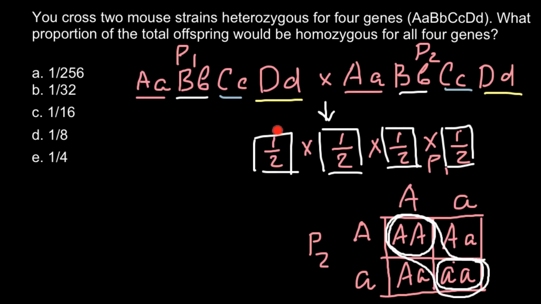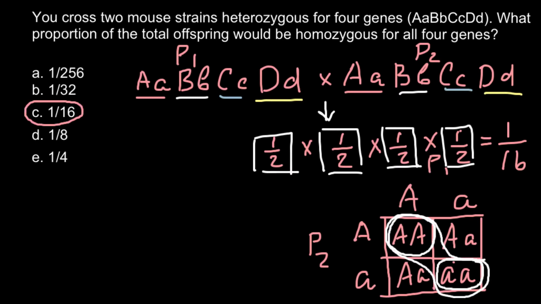So 1/2 multiplied by 1/2 would be 1/4, multiplied by 1/2 would be 1/8, and multiplied by 1/2 would be 1/16. So the chance would be 1/16. And as you see, this is the answer C.